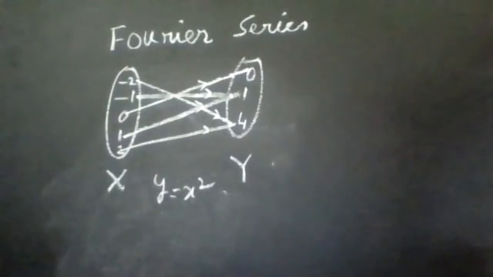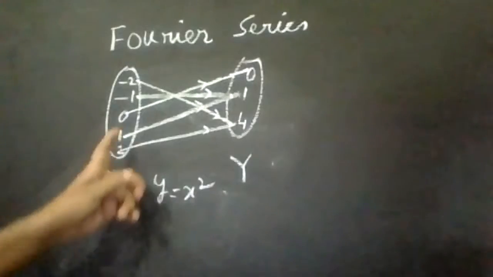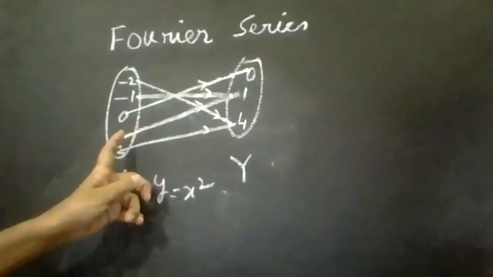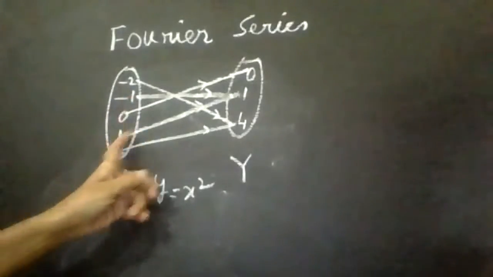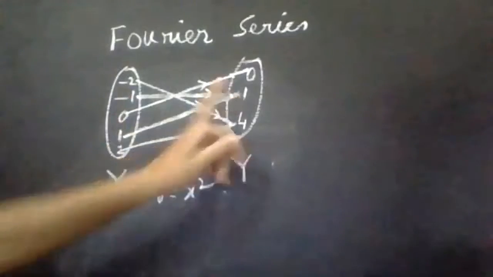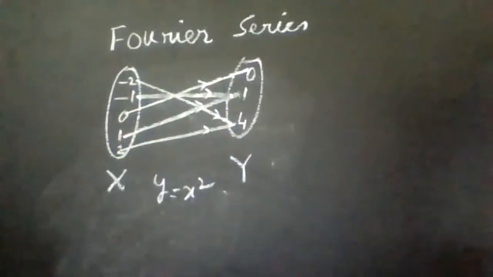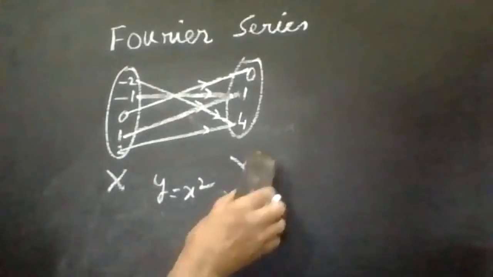So this function is called a single valued function. It may be that two values of x are linked to the same value of y, but it is still a single valued function. Now I can give you an example of a double valued function.